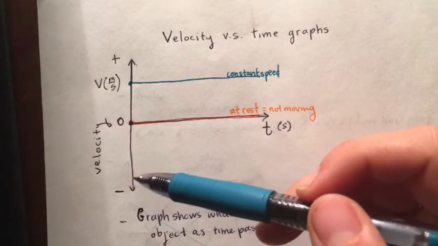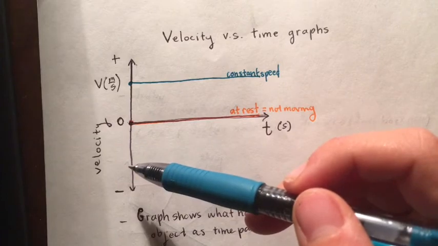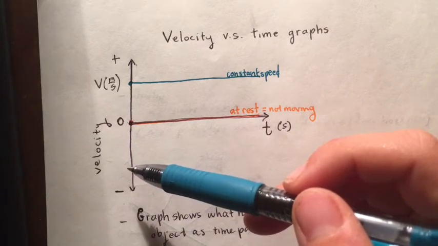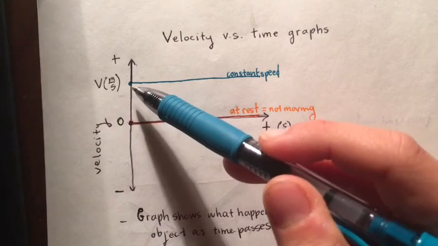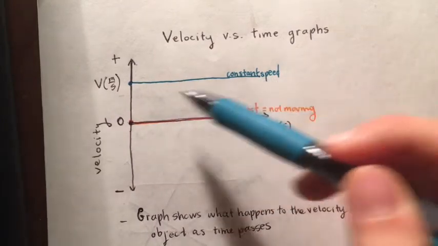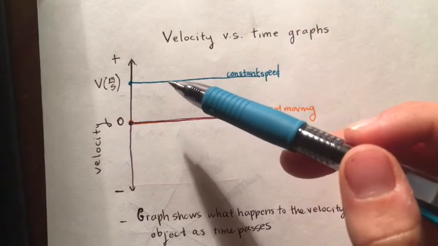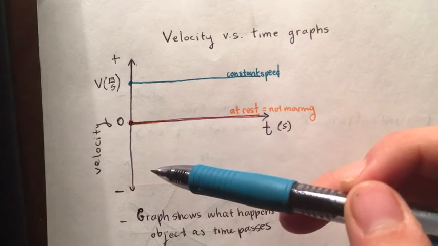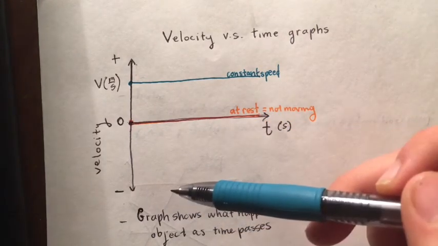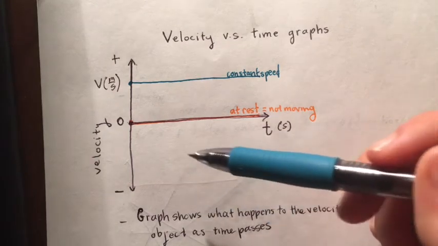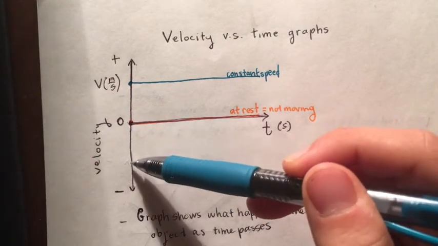So in this video, the person is moving at the exact same speed that they were in the previous video for this graph that we drew here, this blue line. So in both of those videos, the speed was the same, right? The only difference was the direction. So for this video, I'm going to be on the negative side of the graph.